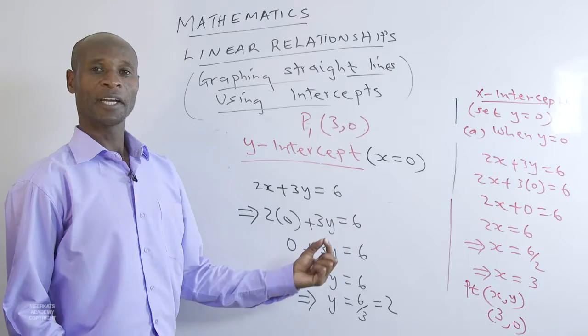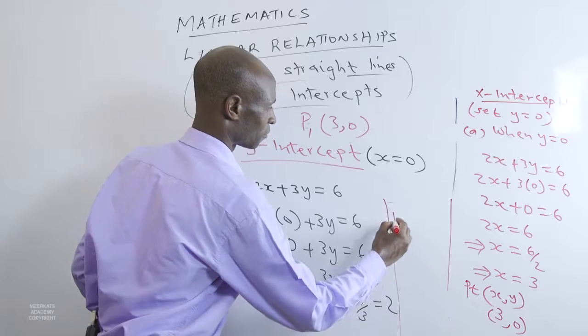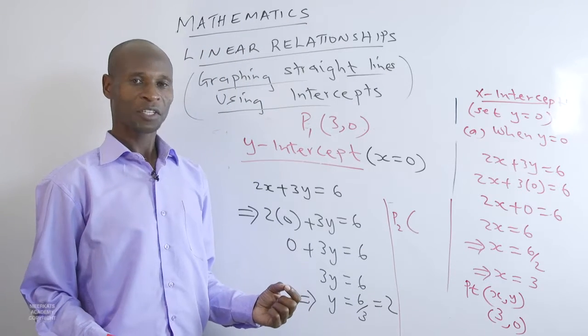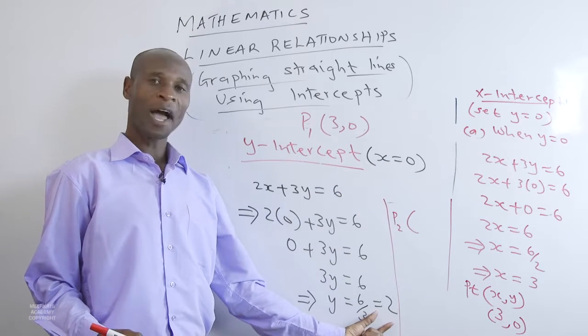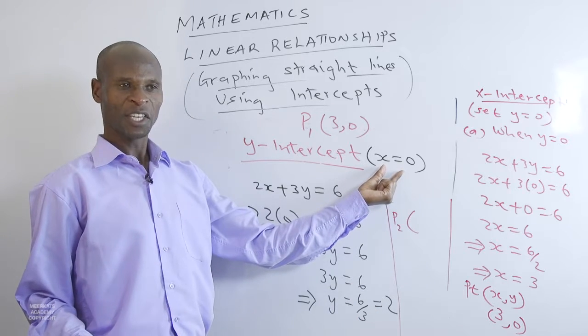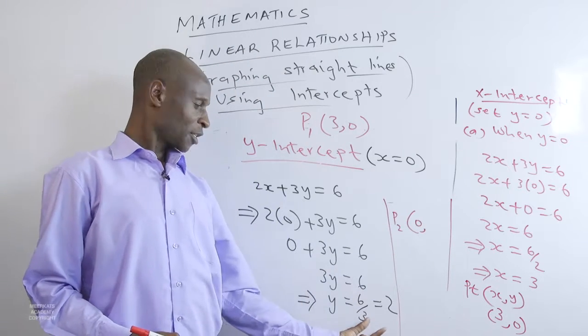We now go ahead and write down the point. When writing down the point, we start with the x coordinate, followed by the y coordinate. In this case, our x coordinate is 0. The y coordinate is 2.